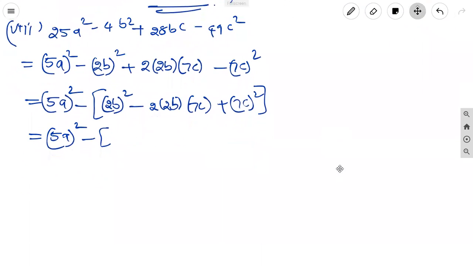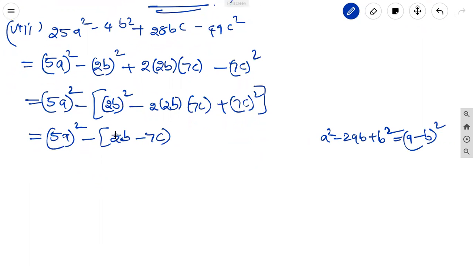It is equal to (5a) whole square minus, which is in the form of a square minus 2ab plus b square. A square minus 2ab plus b square equal to (a minus b) whole square. What is a? 2b is a, and what is b? 7c is b, whole square. Again, which is in the form of a square minus b square equal to a minus b into a plus b.